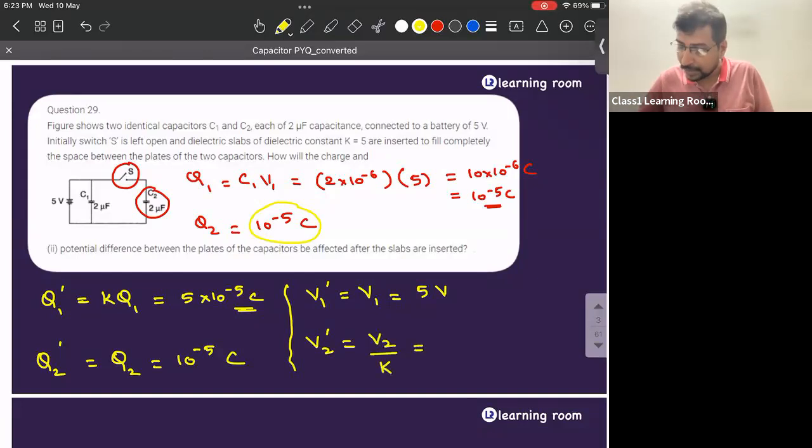So the answer will be the initial potential difference of 5 divided by the dielectric constant of the material, which is 5. The answer will be 1 volt. So these are the changes that take place for the charges and the potential difference.